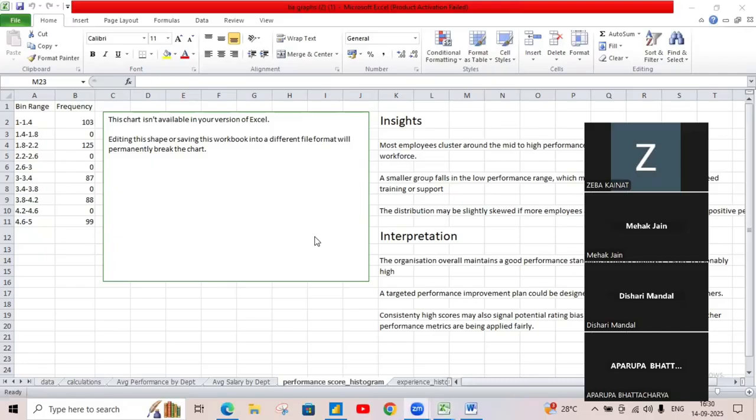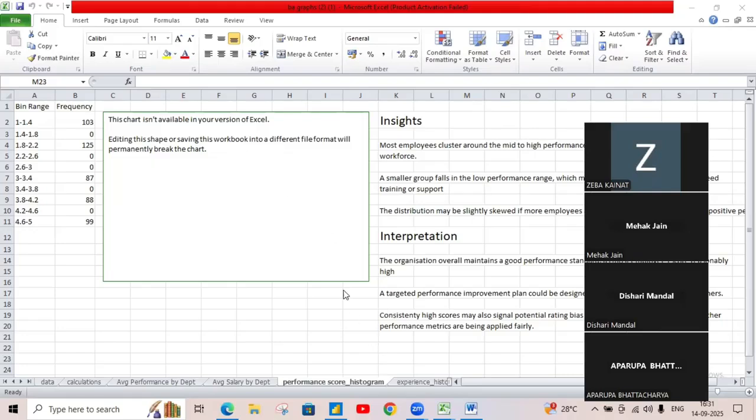This distribution shows a majority of employees performing at average levels with smaller groups at the extremes. It highlights both stability in performance and an opportunity to lift mid-level performance towards higher achievement. So this was my contribution to this project. Now I want to hand over this project to my teammate Mehak.